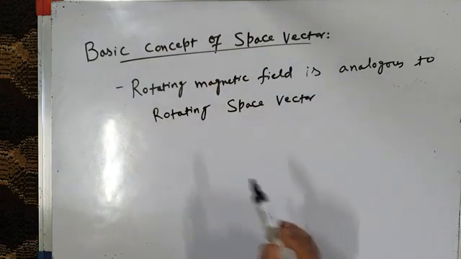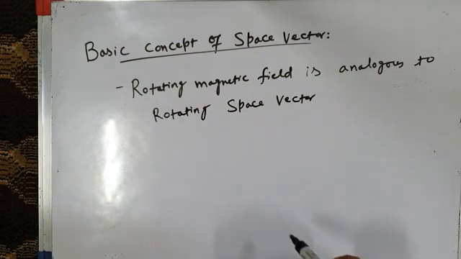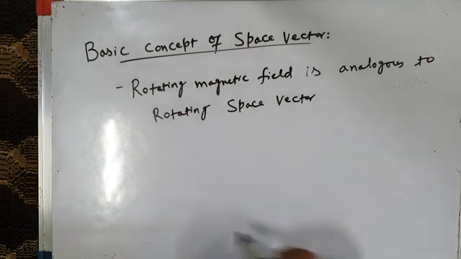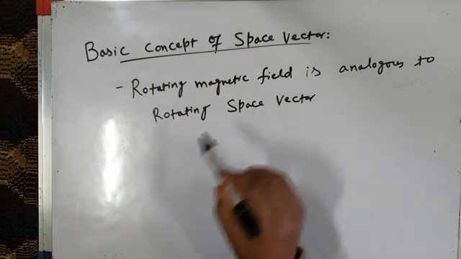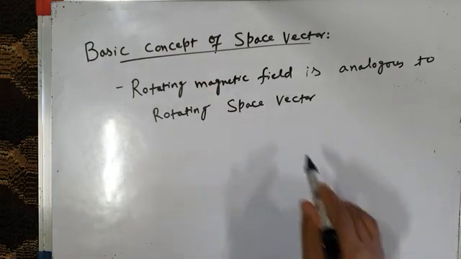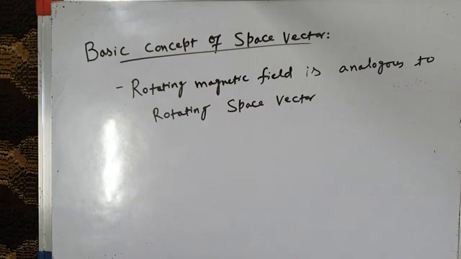So we have a machine, we give three-phase supply to it, three-phase balanced currents flow in its three-phase windings, and that produces a rotating magnetic field which, for example, is rotating in a counterclockwise direction at a speed determined by the frequency of the AC supply.